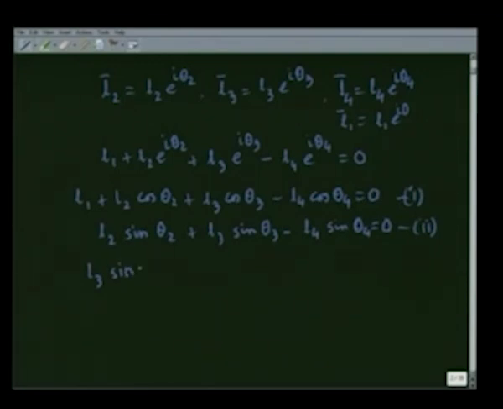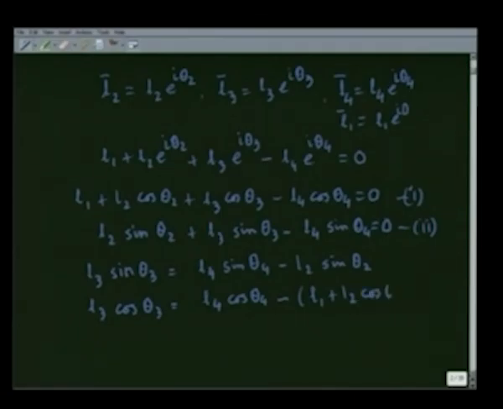L3 sin theta 3 is L4 sin theta 4 minus L2 sin theta 2, and from the first equation we write L3 cosine theta 3 equal to L4 cosine theta 4 minus L1 plus L2 cosine theta 2.